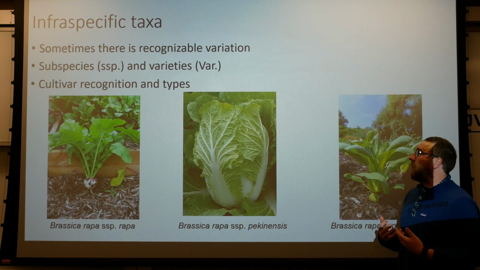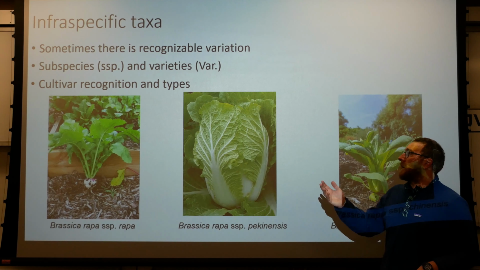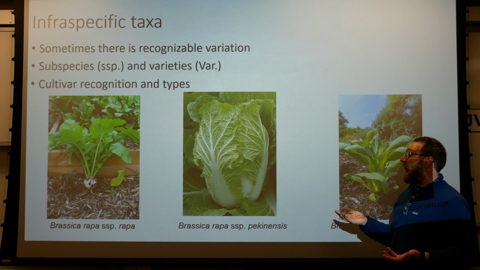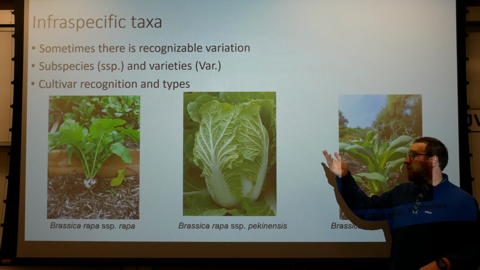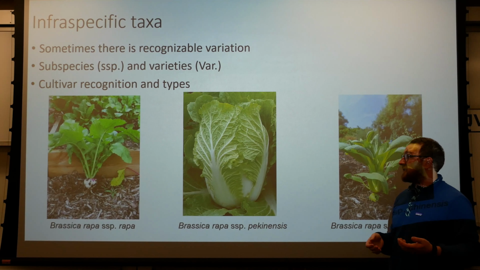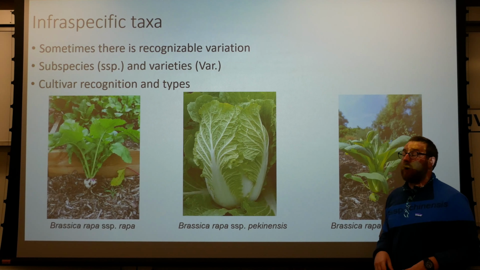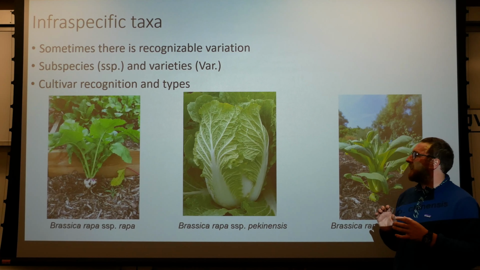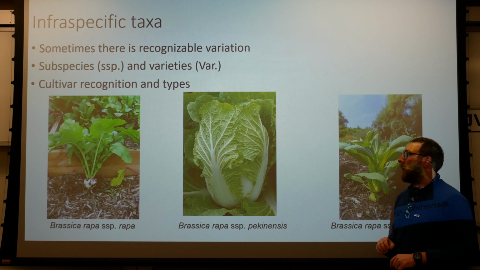And we do this through a lot of different ways. We can describe subspecies, we can describe different varieties of them, and also in horticulture we recognize things such as cultivars or types out there. These infraspecific taxa can get sorted out in various different ways.